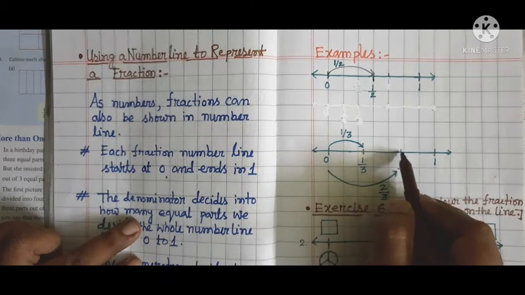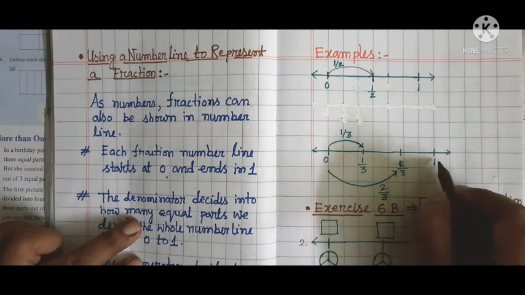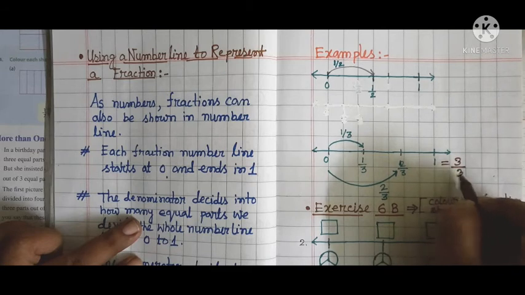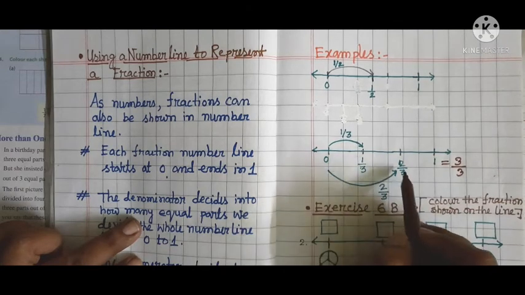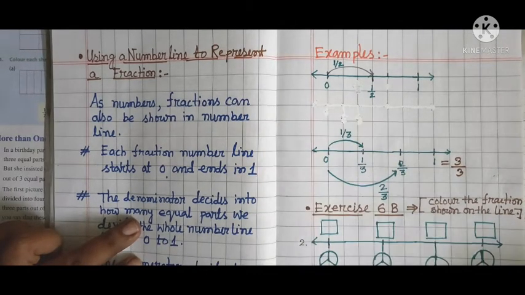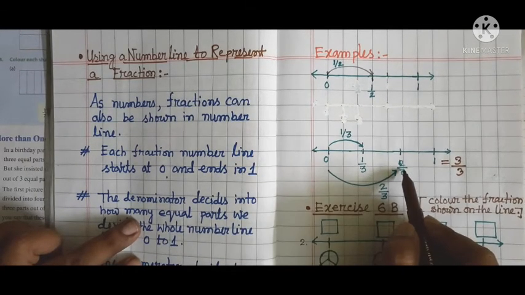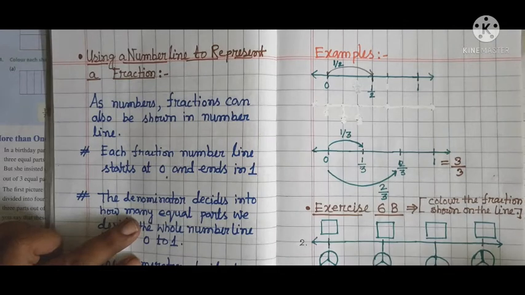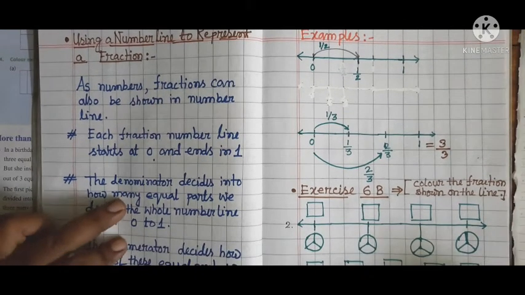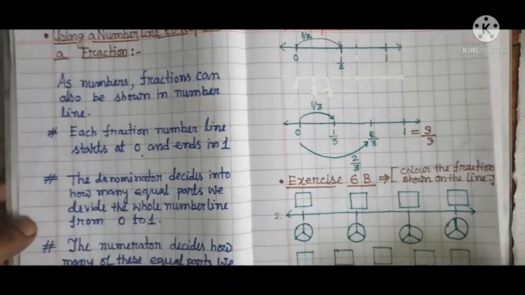Then it will be 2 by 3, and we can write 1 as 3 by 3, and this will be very easy for understanding. Therefore it will be 2 by 3 and the whole part will be 3 by 3.